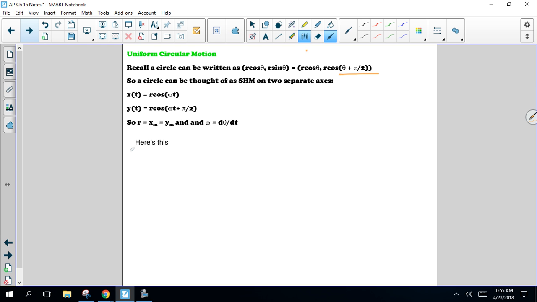So look, my x coordinate is simple harmonic motion, my y coordinate is simple harmonic motion, where your x and y max are both r, right? Okay? So here's my two equations. Here's my x equation, here's my y equation. And if you want to visualize it, here's this.